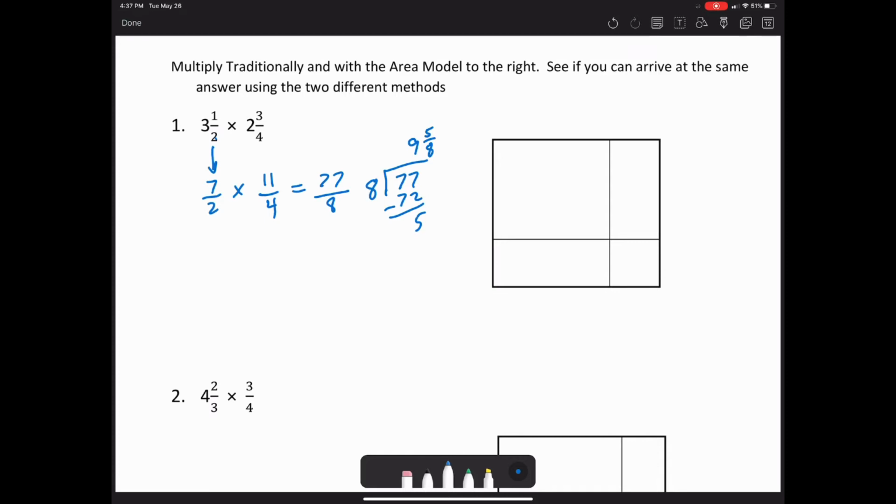Now let's see how this is going to look using the area model to multiply. So we're going to change the 3 and 1/2 to 3 plus 1/2. And then we're going to take 2 and 3/4 and make it 2 plus 3/4.